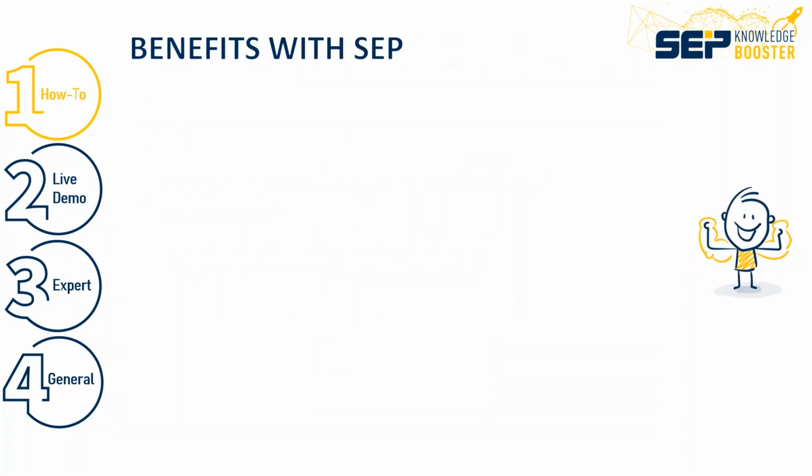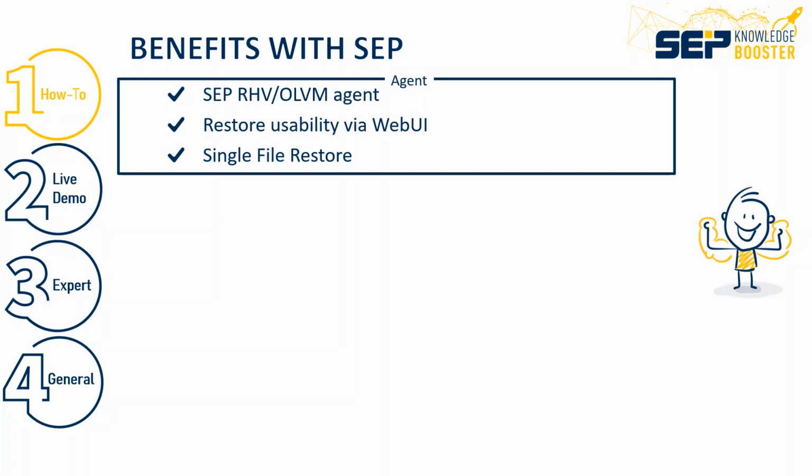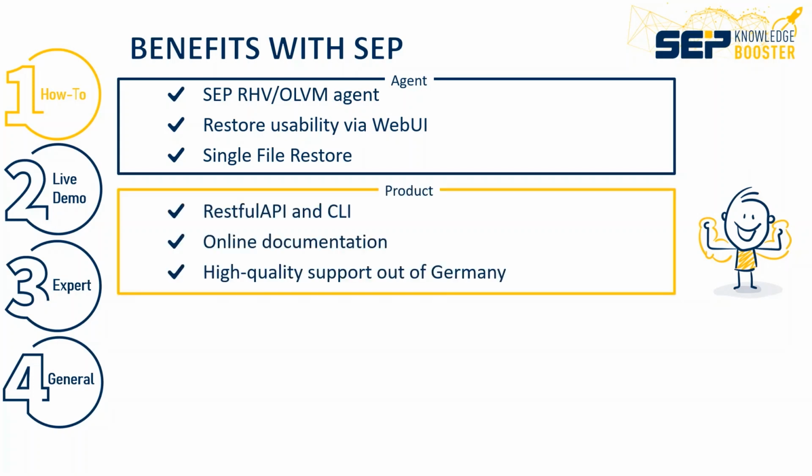What are the benefits? Why should you do this with SEP? First of all, it's our cool agent with lots of features for doing a RHV backup. I will show this also in a live demo later on. We have this cool restore usability via our web UI, a browser-based graphical user interface, and also something like a single file restore.